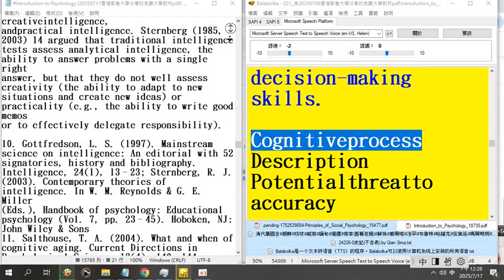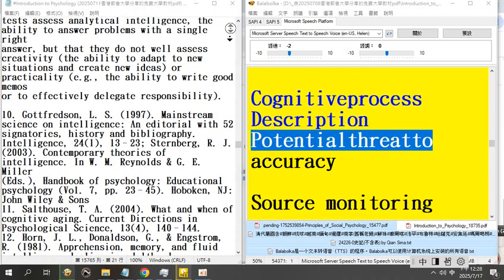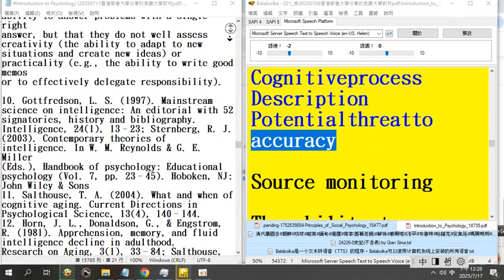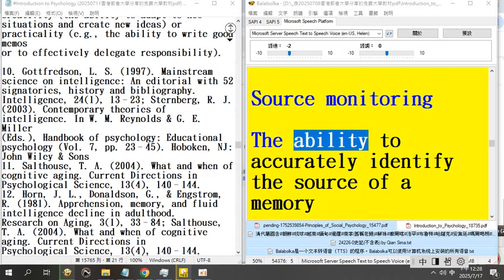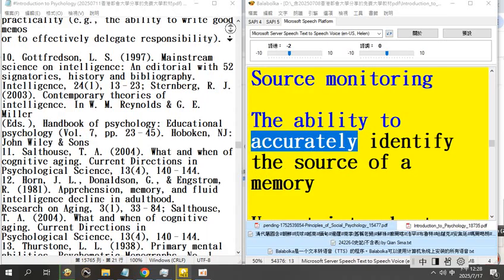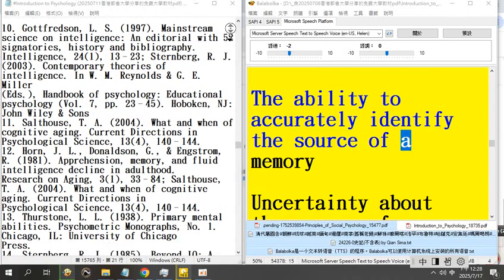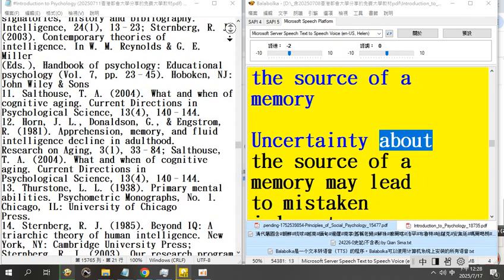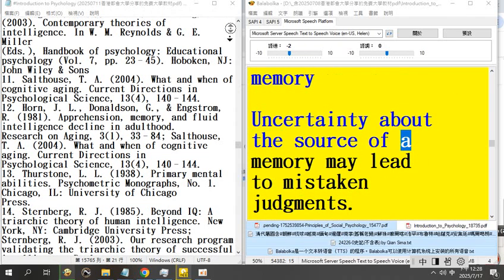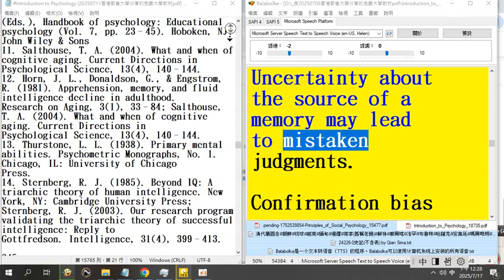Cognitive process description. Potential threat to accuracy. Source monitoring: the ability to accurately identify the source of a memory. Uncertainty about the source of a memory may lead to mistaken judgments.